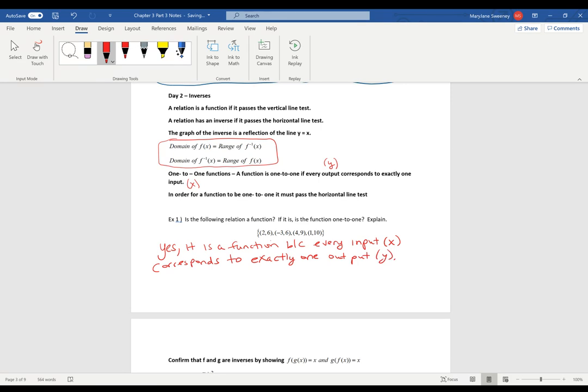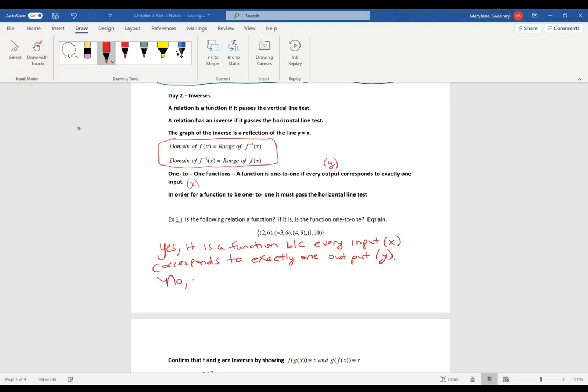Now, is it one-to-one? Okay, well then the y's can't repeat, which they do. 6 is a y value twice. It corresponds with an x value of 2 and with an x value of -3.